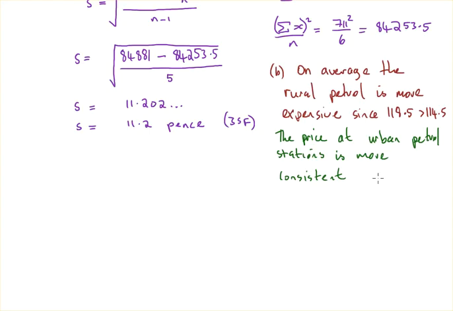And then again we're justifying that by saying that in this case 5.5, that was the price for the urban petrol stations, that's the standard deviation, that's less than 11.2, so that's our justification.